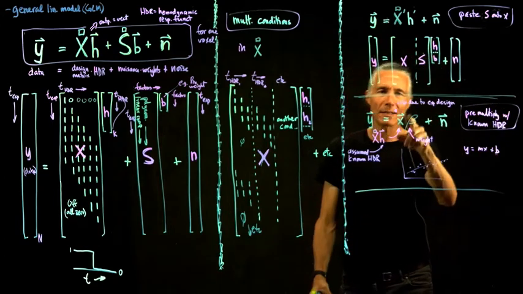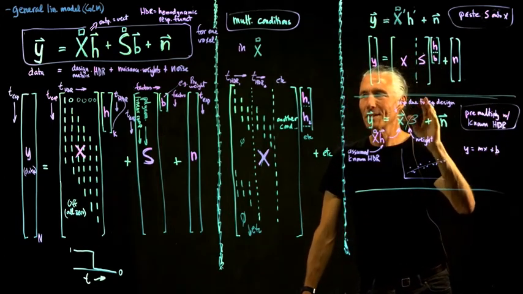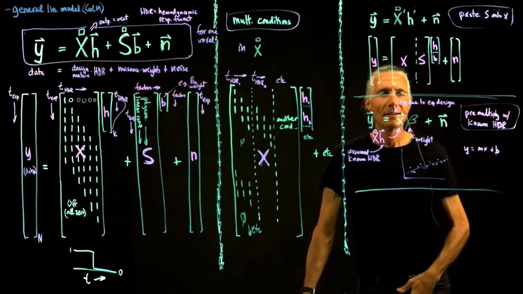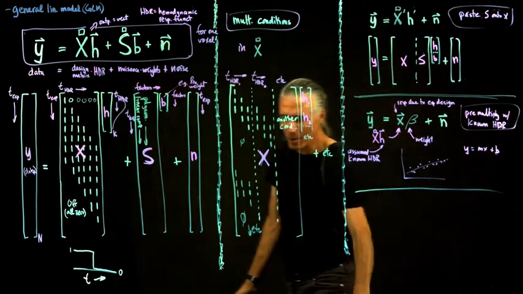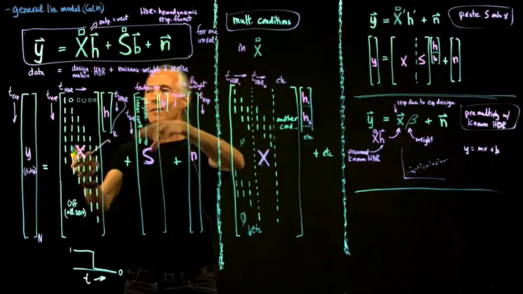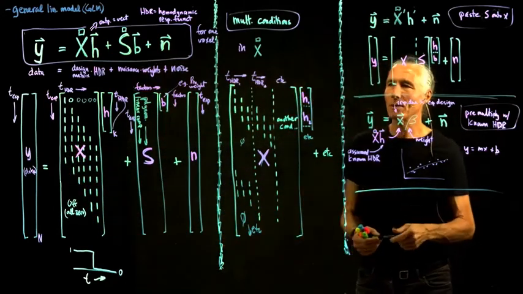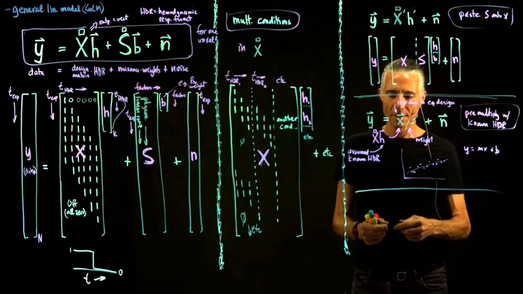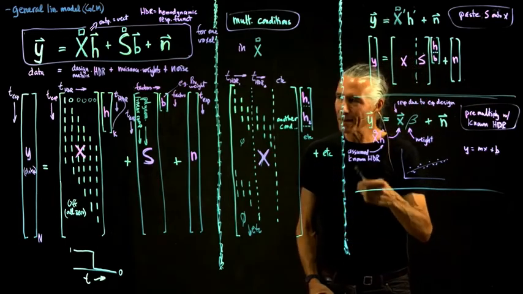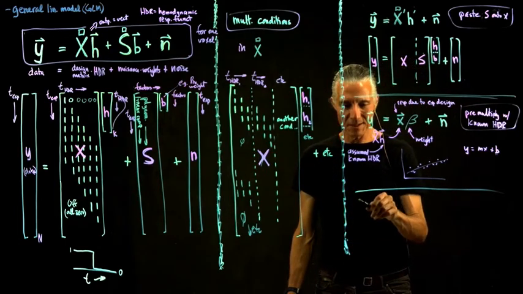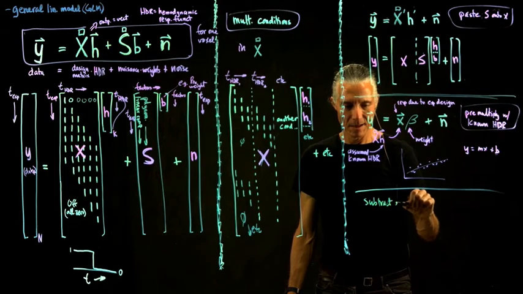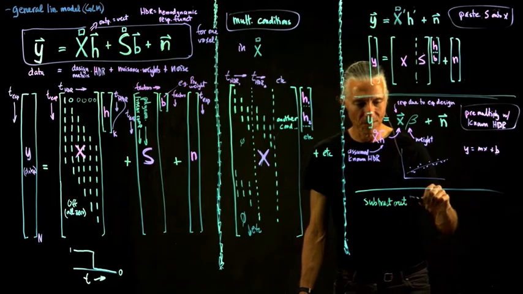I didn't stick any nuisance in here. We just ignored nuisance. Another way of ignoring nuisance, instead of building it all in, is you could just try to subtract it out before you start. So yet another way is to subtract out nuisance before we start.